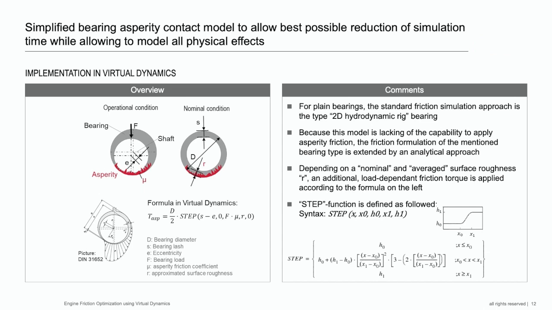We are basically measuring the eccentricity between the shaft and the shell of a bearing, and we are comparing this with an asperity information which you can usually retrieve from a technical drawing of a component. If the eccentricity of the shaft inside the bearing in the 2D hydrodynamic bearing model gets so large that the shaft gets into contact with the asperity peaks, an additional torque is applied as a resistance to the shaft rotation.